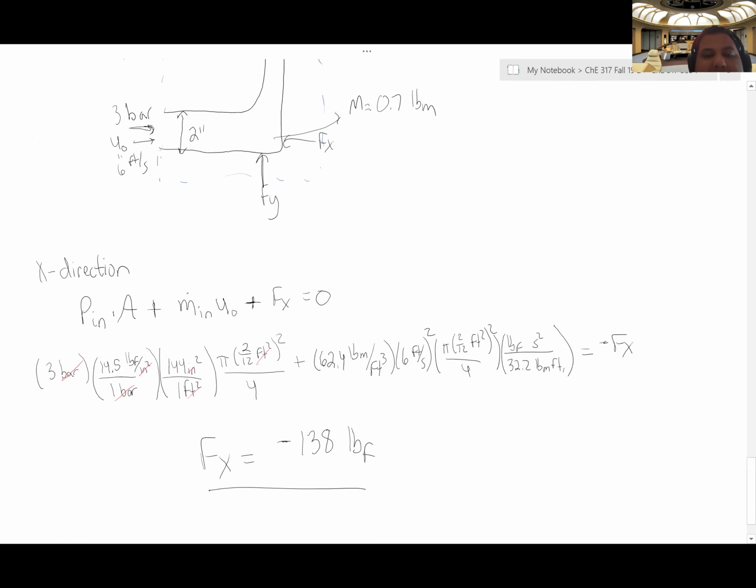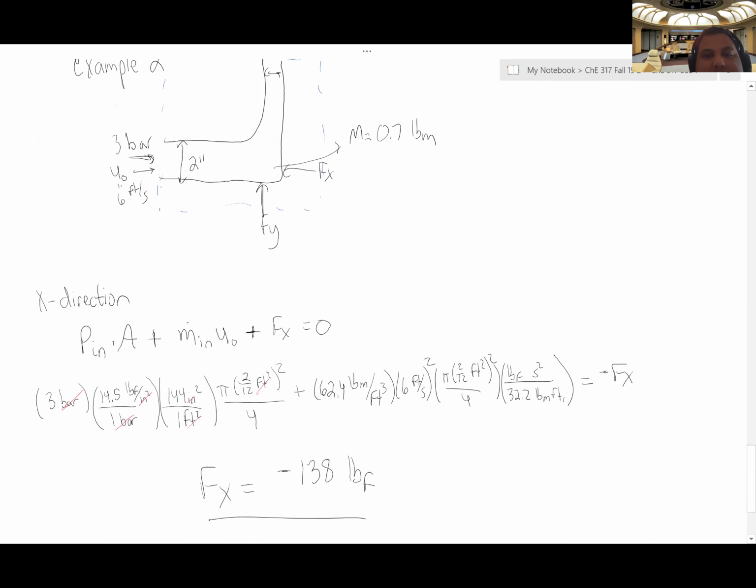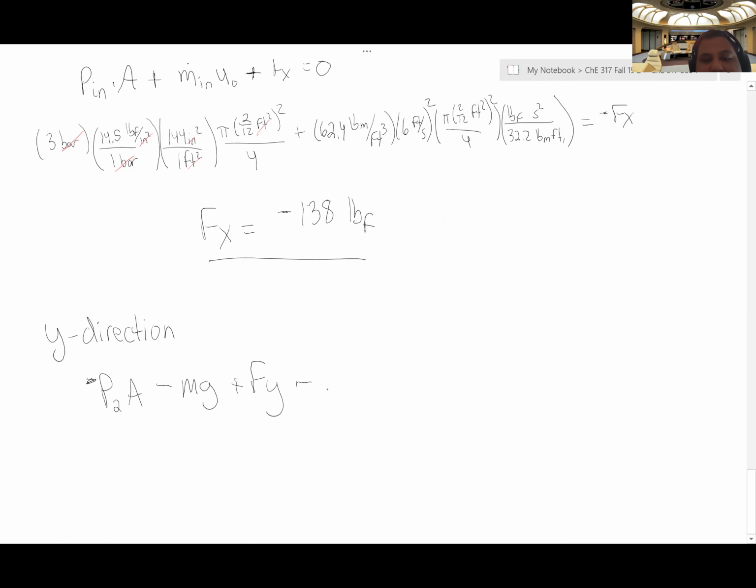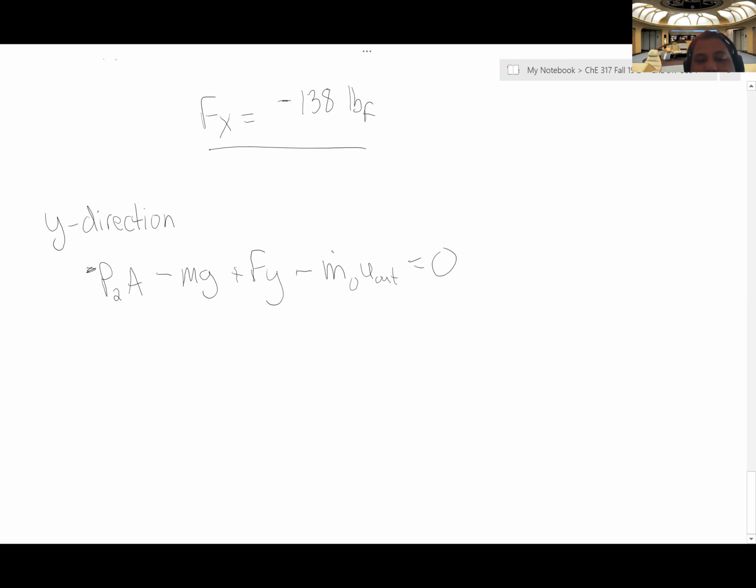And we also have the flow rate moving out, which in this system would be negative. And so that tells me Fy is equal to the pressure, gravity, and the momentum transfer due to convective flow.